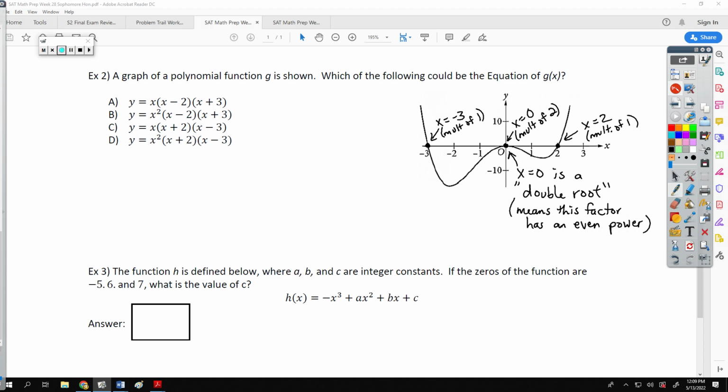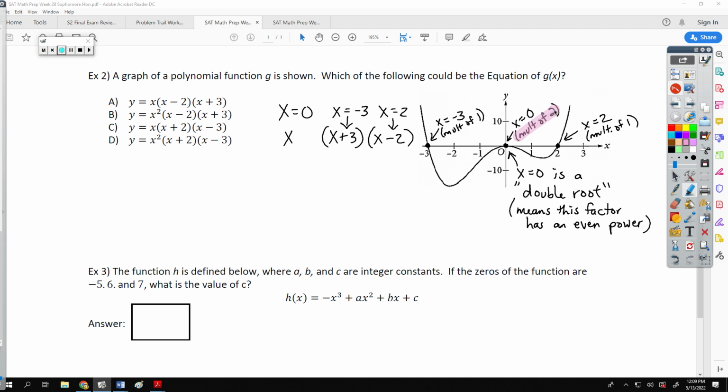So, when we are looking at this, we need to think to ourselves, well, how do we get those roots? These roots, these solutions would come from factors of x plus 3 and x minus 2, which would give us the roots -3 and +2. And x equals 0, remember its multiplicity is 2, it is a double root.